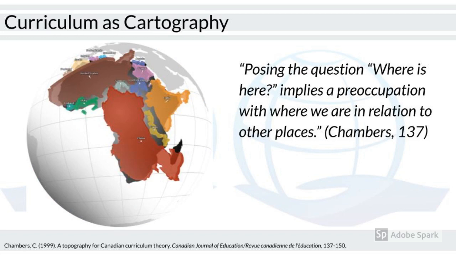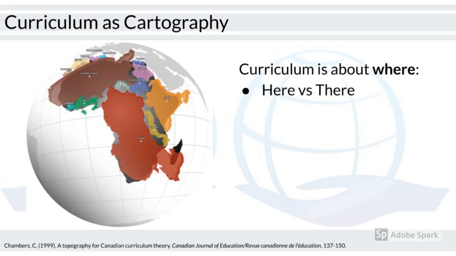According to Chambers, posing the question where is here implies a preoccupation with where we are in relation to other places. And so curriculum is about where. Here versus there. The things that matter to me here may not be relevant to someone there. Curriculum is also about interactions and implications.